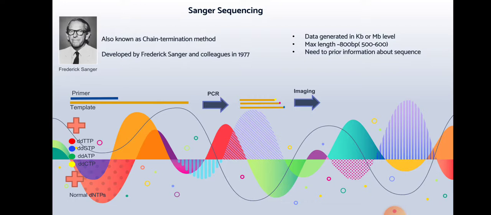Now a laser and a detector will capture the fluorescent signal and convert it to bases, such as C for cytosine, A for green, G for yellow, T for thymine, for red, etc. Finally, this result will be converted and stitched, and software will produce a complete sequence and it will look something like this. This is the final result, which is called a chromatogram, coming out from Sanger sequencing.